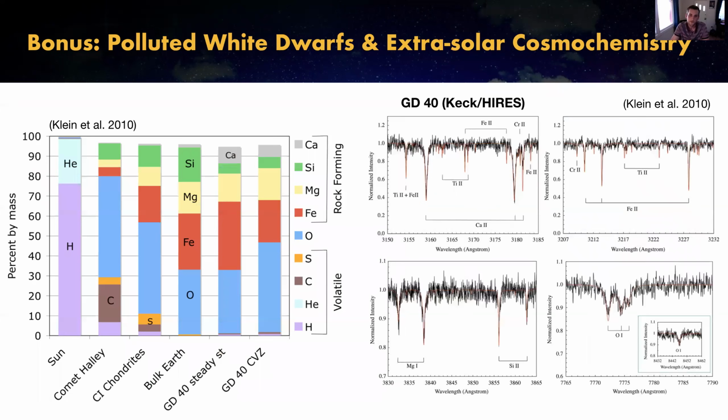Now in other systems, not this one, you can observe in the spectrum of these white dwarfs metals, I guess, in the astronomy sense, that shouldn't be there, because they can only survive for a fairly short amount of time on the surface before the high surface gravity sucks them up into the center of your white dwarf, and you don't see them again.